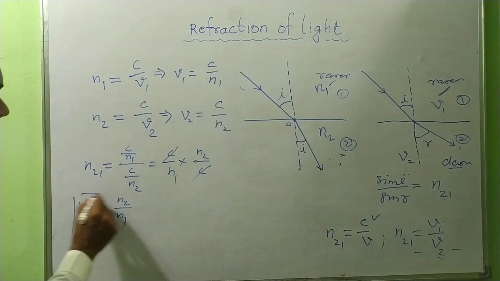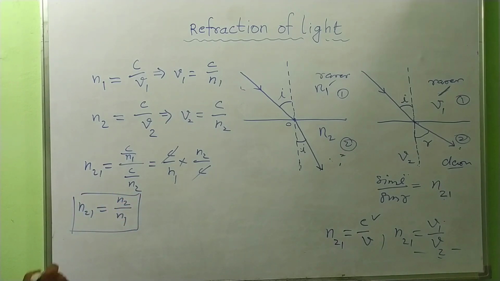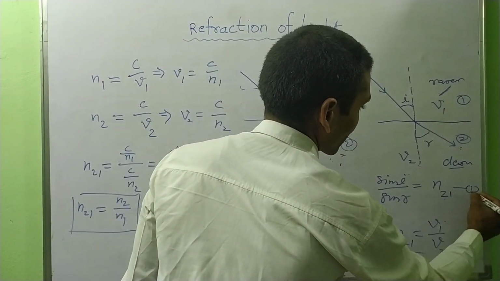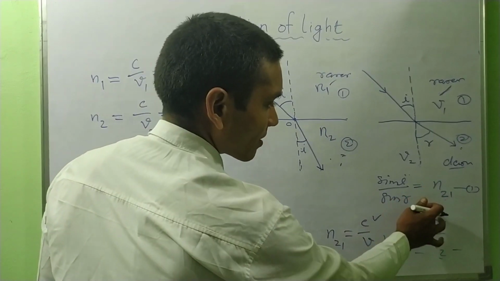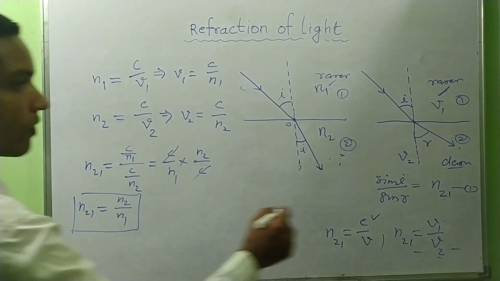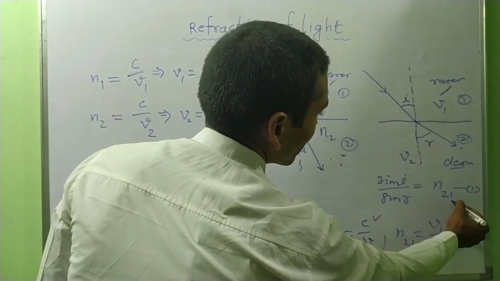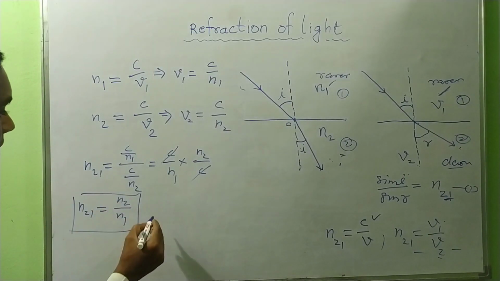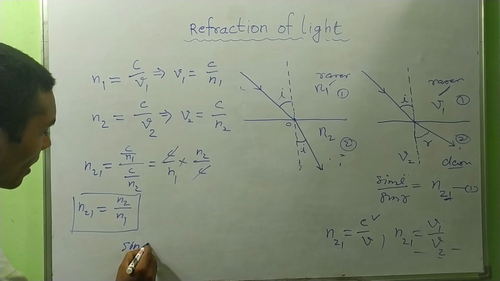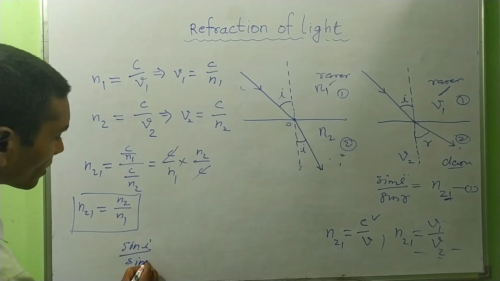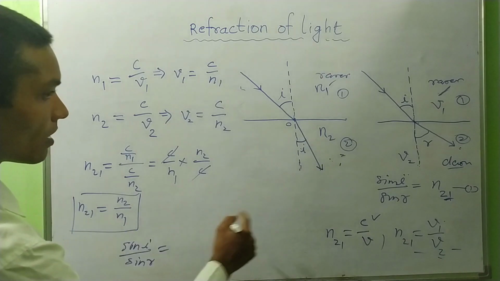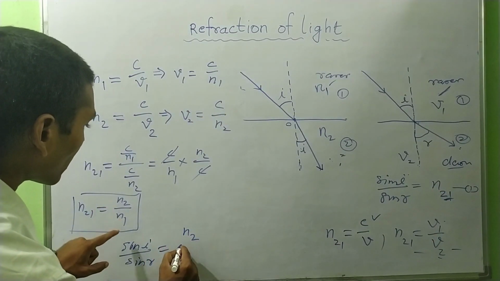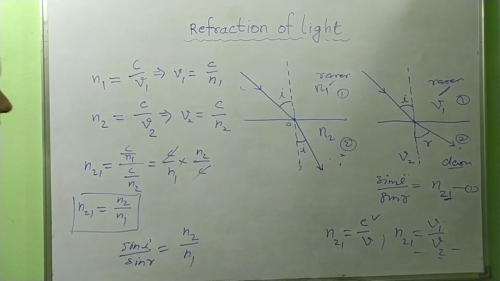So this is another formula of refractive index. We also have the formula of refractive index from Snell's law, so we put the value of n21 in it. Here sin i upon sin r will be equal to n2 upon n1.